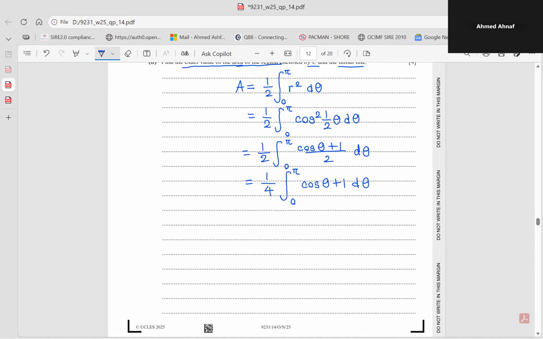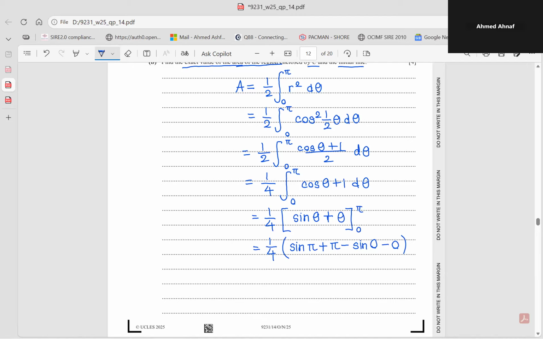Integrating this is really simple. Cosine theta integrates to sine theta, plus 1 integrates to theta, with respect to limits. Now just substitute your limits: 1 over 4 times sine pi plus pi minus sine 0 minus 0.